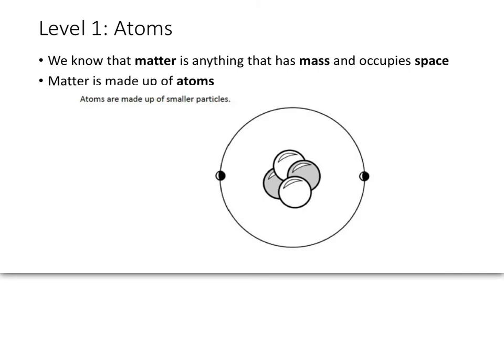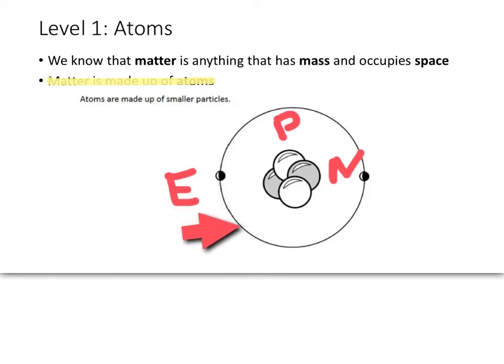So again, level 1, atoms. Basically matter is made up of atoms, and there's 3 components. We have our electrons, we have protons, and we have neutrons. Our electrons are the black component that we have, so this over here.